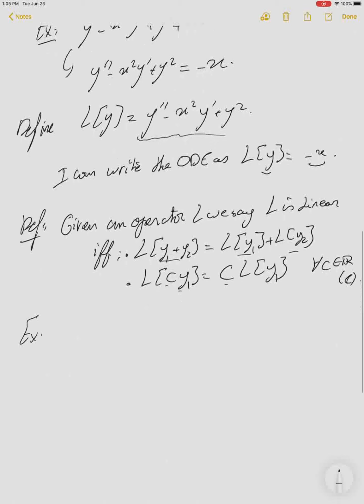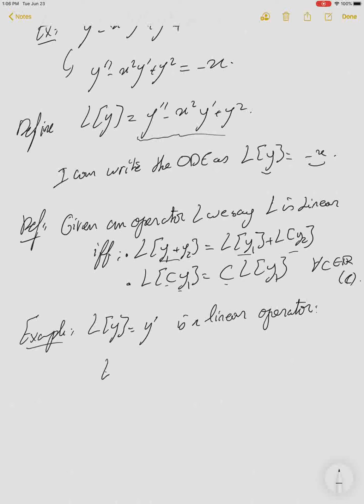An example: L of y equal y prime is a linear operator. Why? Let's check. What is L of y1 plus y2? It is y1 plus y2 prime, and this is equal to y1 prime plus y2 prime.